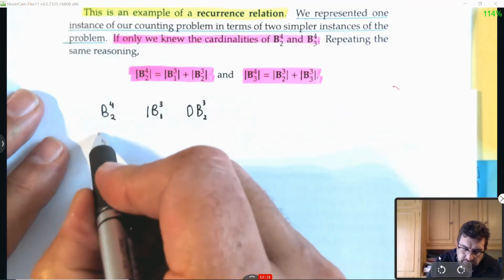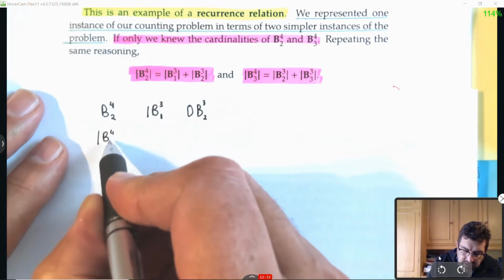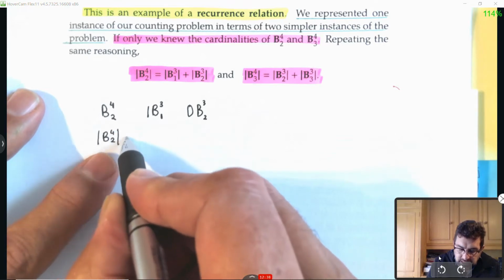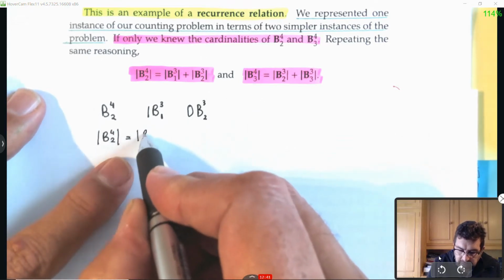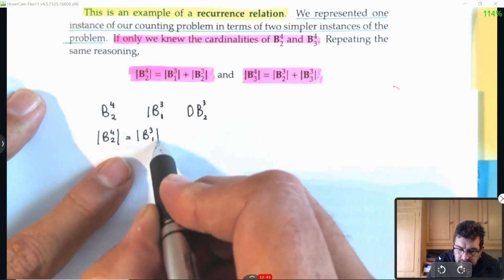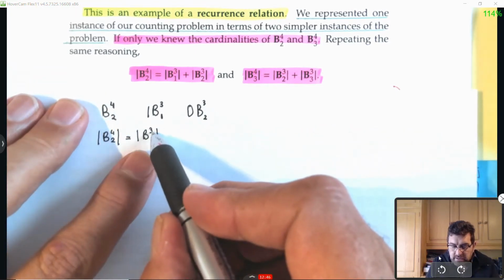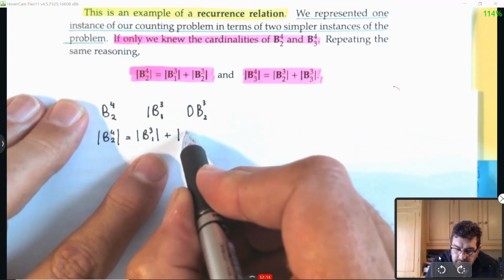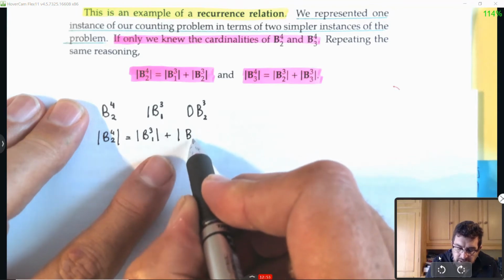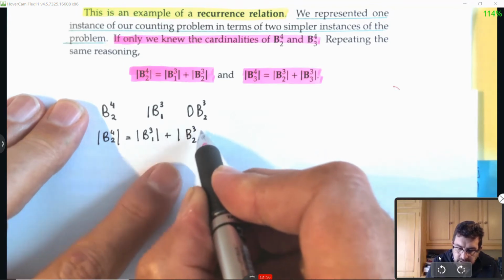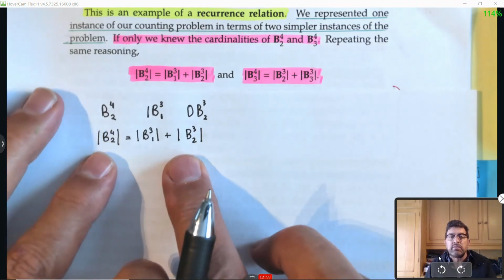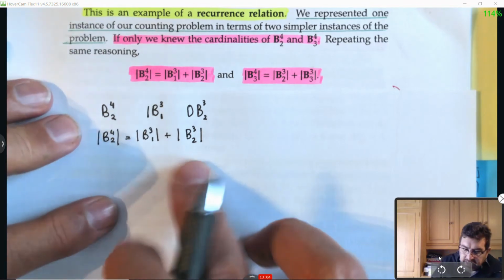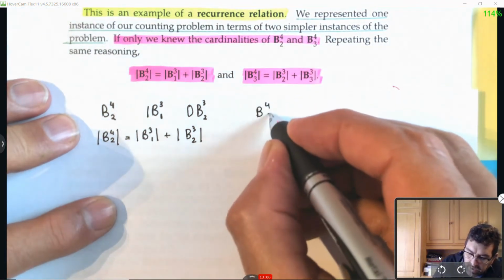So the cardinality will be the cardinality of the bit strings with a length of 3 and a weight of 1, plus the cardinality of those with a length of 3 and a weight of 2. Now if you remember, the other alternative we had was B43.